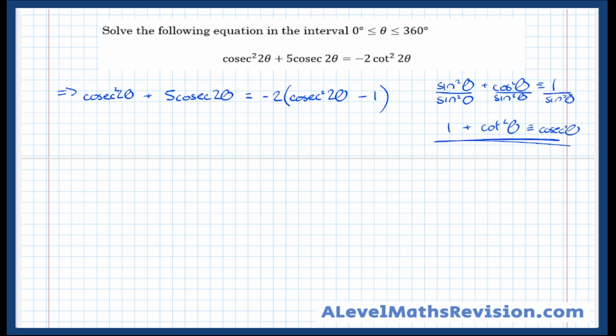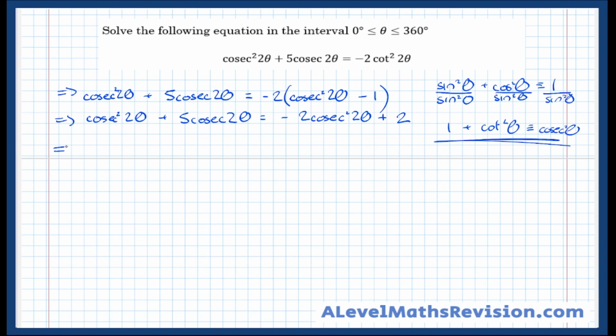So you might want to pause and have a go at the rest of this yourself, but I'll keep going now. So cosec squared of 2 theta plus 5 cosec of 2 theta equals minus 2 cosec squared of 2 theta, double minus, so that makes a plus 2.